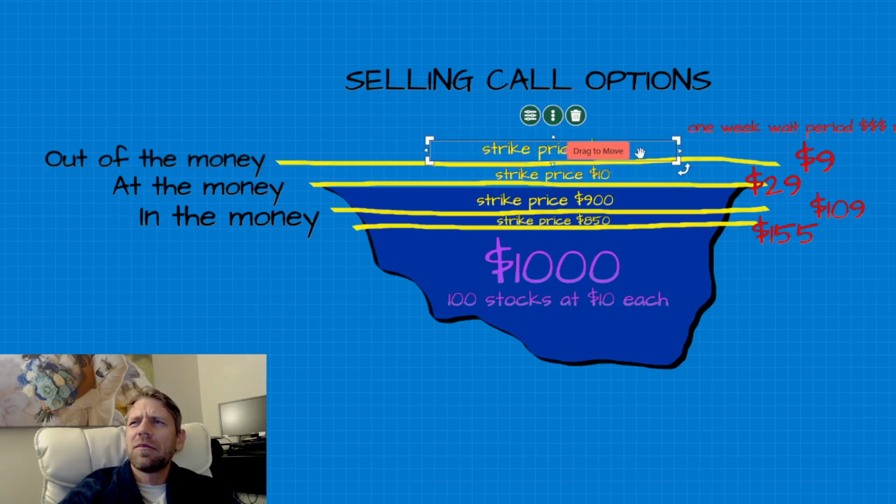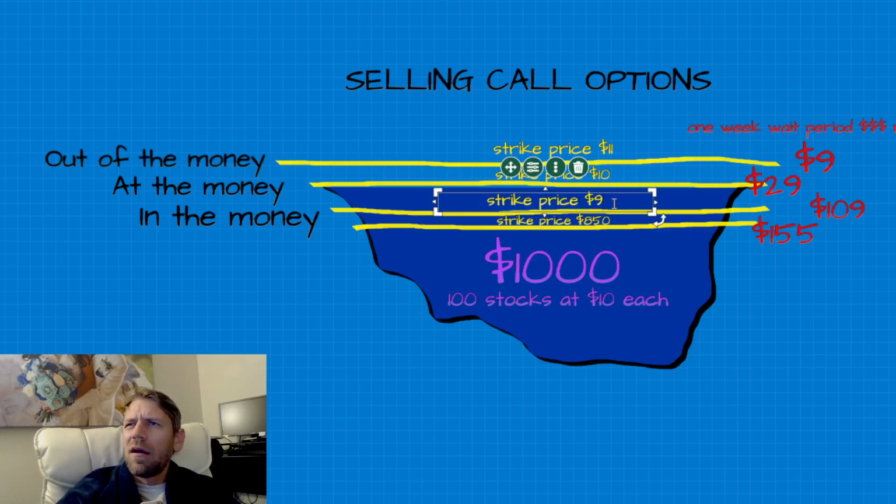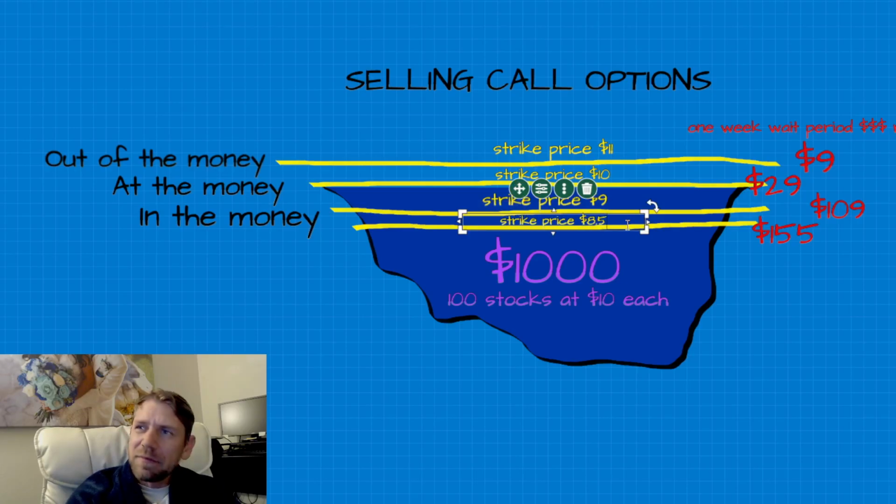And up here that would be 11, etc. Moving on. Well, I can't change that lower one. Oh, there we go. So this is 8.5. So the premium on the right, as you can tell, is $29.